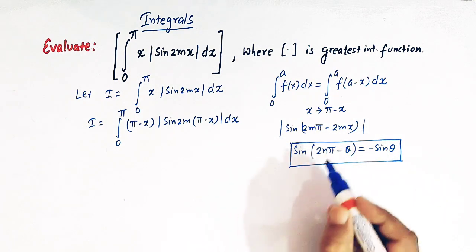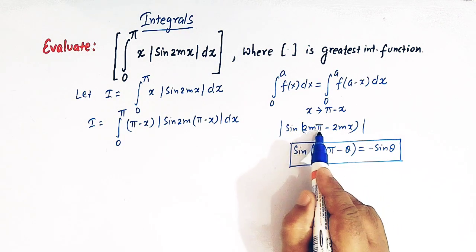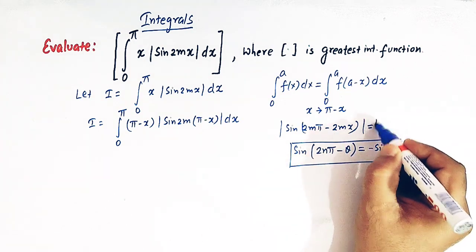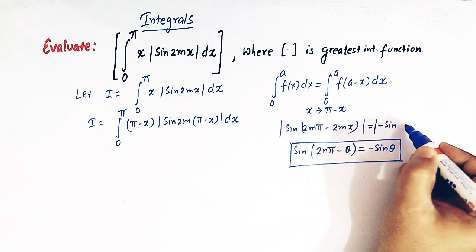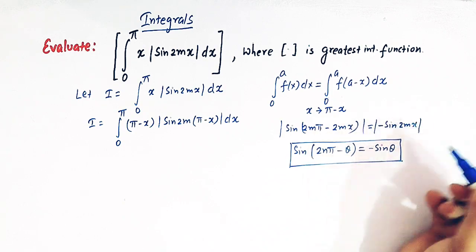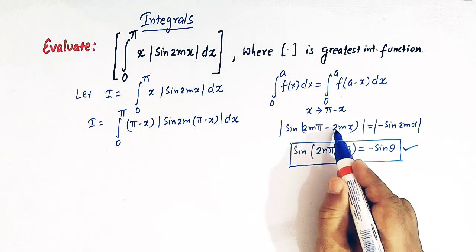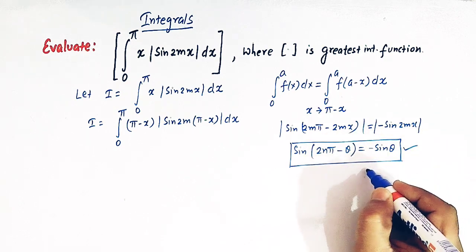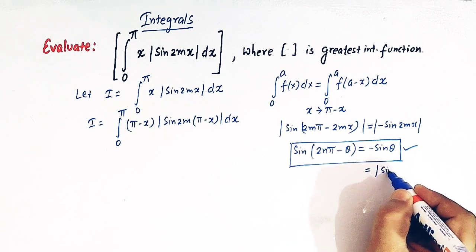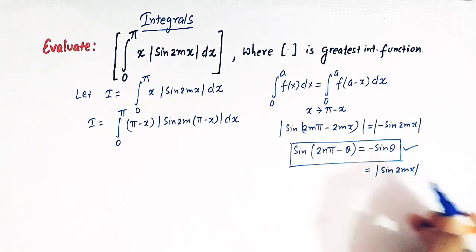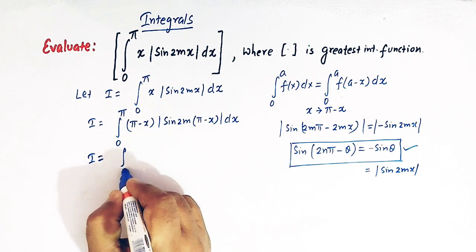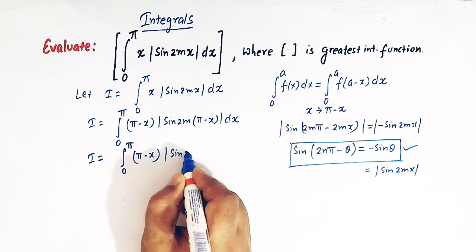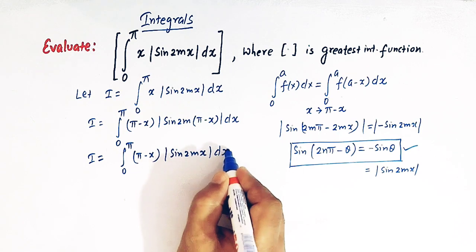Here theta is 2mx, so we can write mod of negative sine 2mx, which is simply mod of sine 2mx. So now we can write this integral I as the integral from 0 to pi of pi minus x times mod of sine 2mx dx.